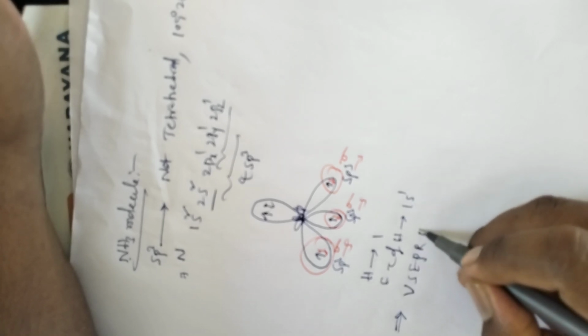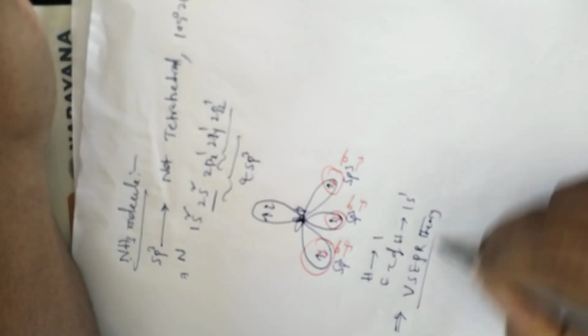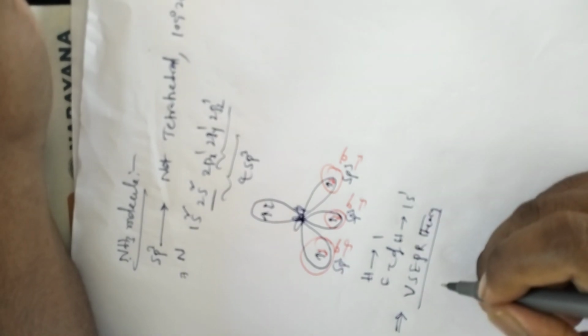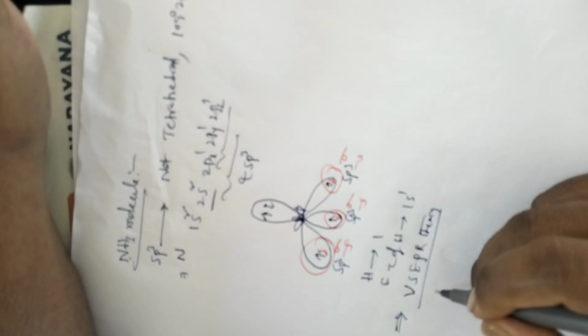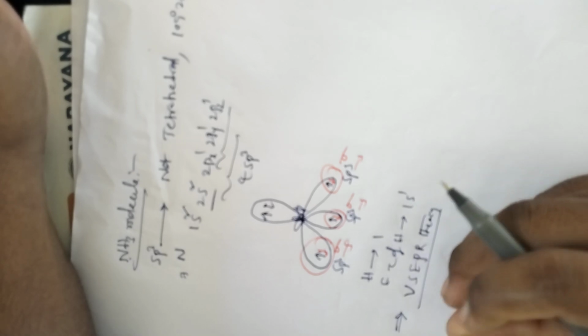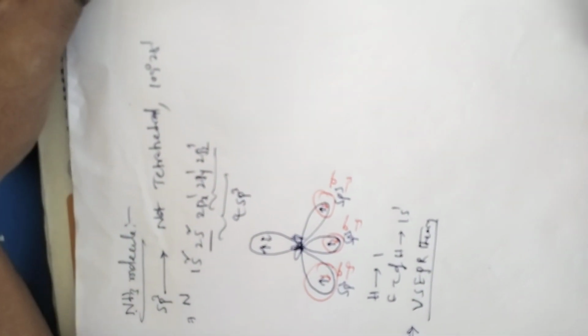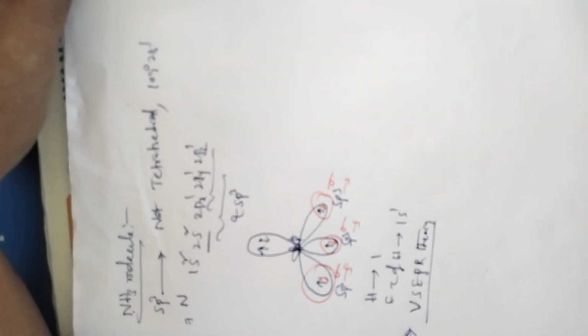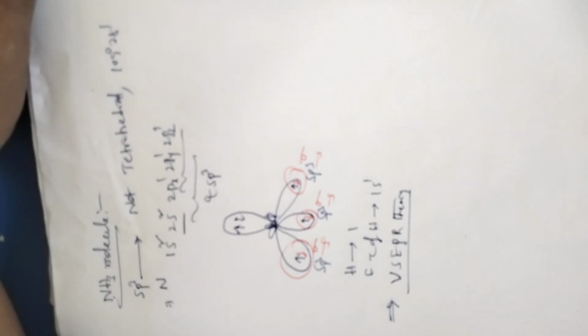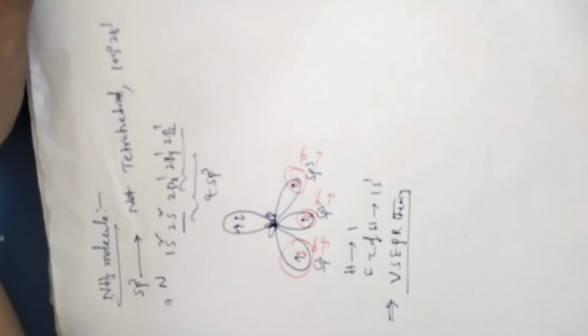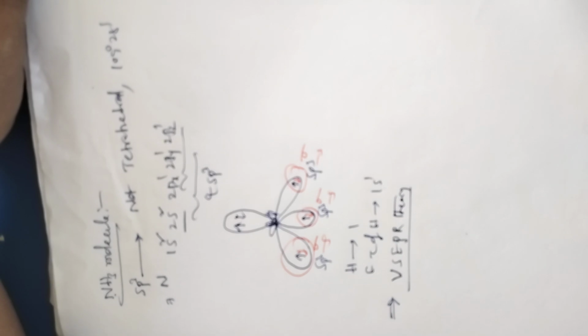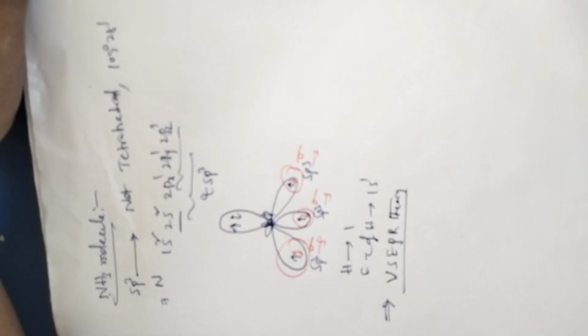According to VSEPR theory, the shape of molecules is determined by repulsion between electron pairs, meaning the sum of lone pairs and bond pairs. A lone pair is an electron pair not participating in a covalent bond. A bond pair is an electron pair participating in a covalent bond.